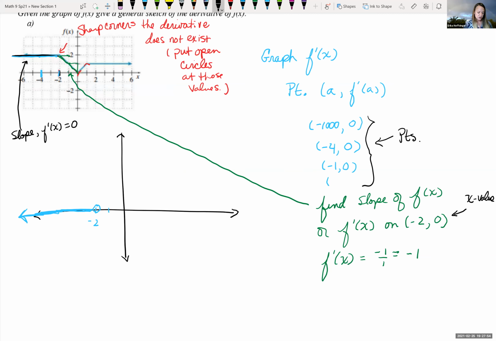Okay, so starting at x equals -2, I have a y value of -1, except that it's undefined at x equals -2. So I'm going to put an open circle down here. And then we knew it was decreasing and that y value until I get to 0, and it's undefined there. So I'm going to put a circle. It was always -1.